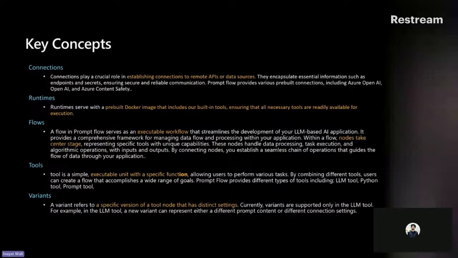This is where you build your flow for your pipeline. And then the tools are very specific functions or units of functions, you may call it, which you use for your specific task, right? So any tools you can bring, or if the existing tool doesn't meet your need, you can just put that as a Python tool, and then you can write your own code.